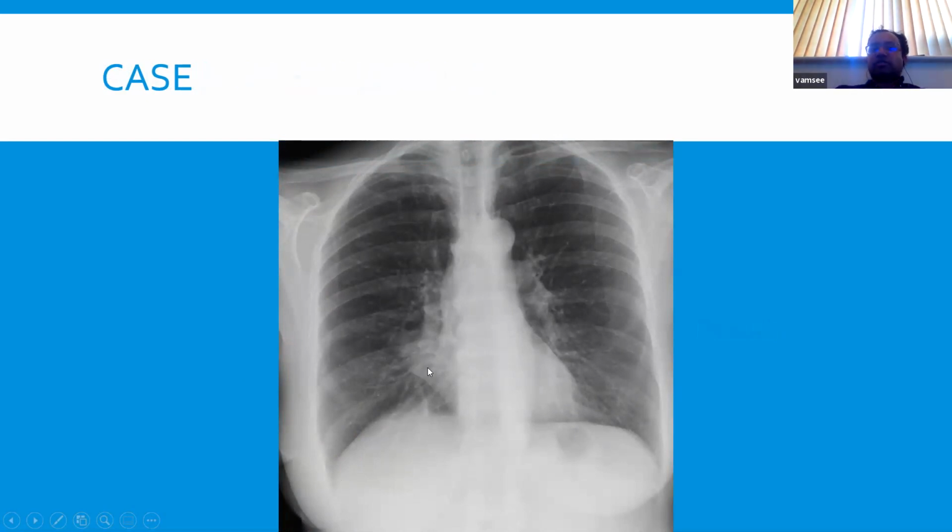In this case, I suspect it's a collapse of the right middle lobe, which is why you're getting this dense, clear mass, as opposed to consolidation, where you're getting bronchograms and something a bit more fuzzy.